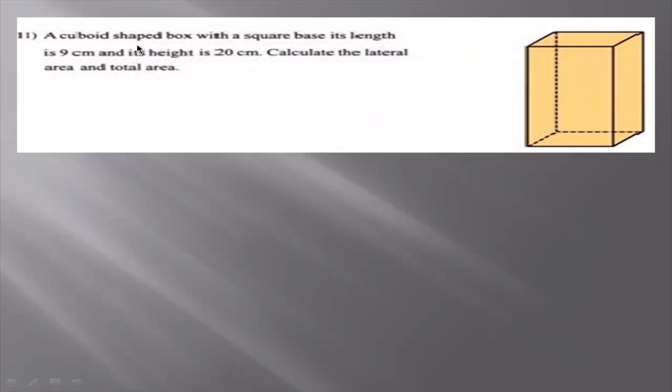Now, a cuboid-shaped box with a square base. Its length is 9 cm and its height is 20 cm. Calculate the lateral area and the total area. As we noticed in this application, he gave me that my base is a square base. So, don't forget to write your rule. The first one: the lateral area equals the perimeter of the base times the height.